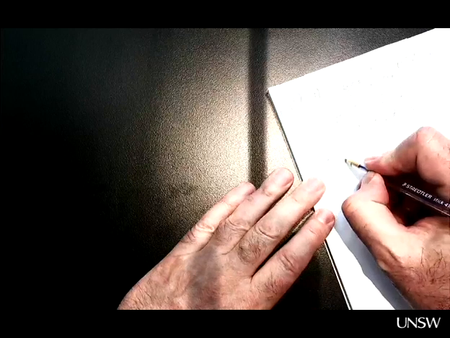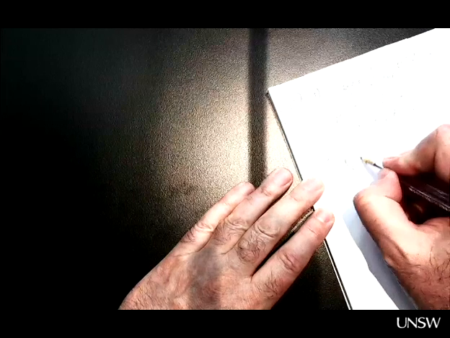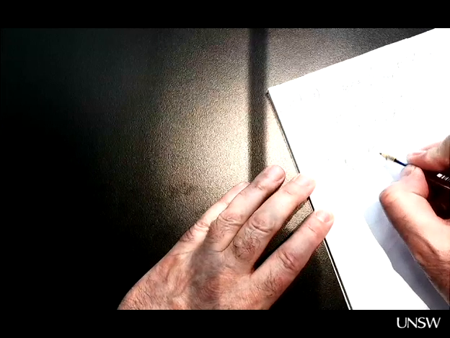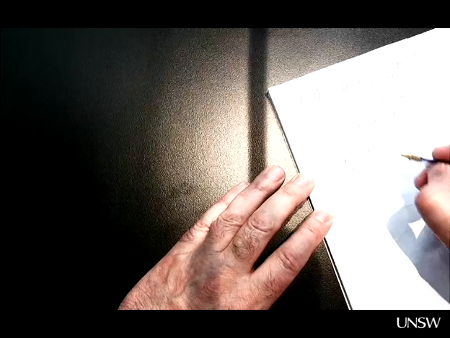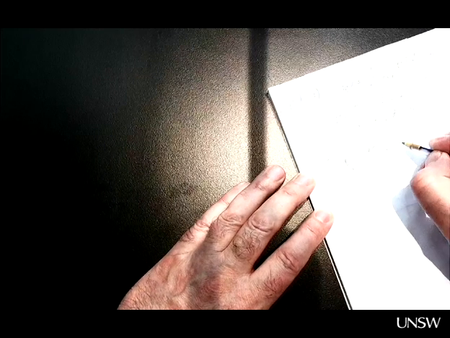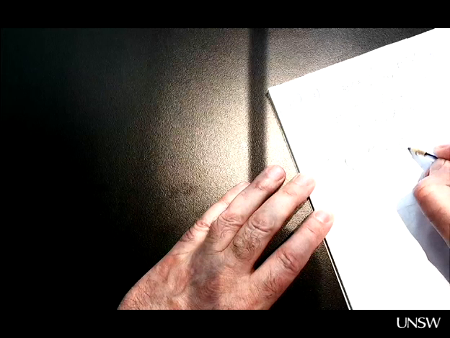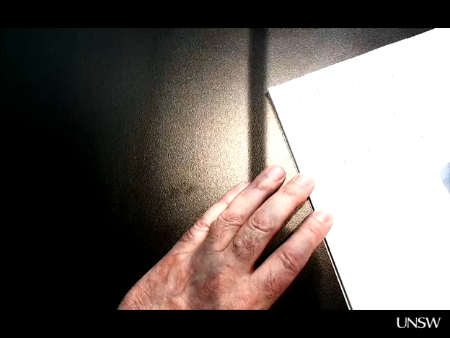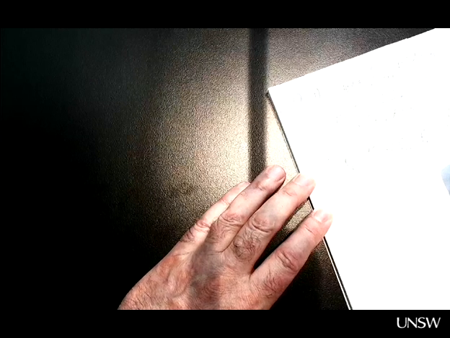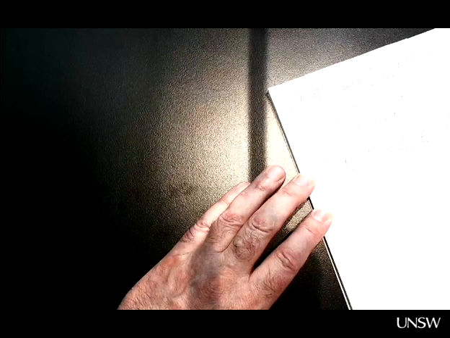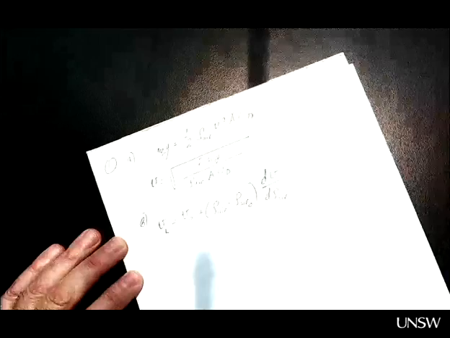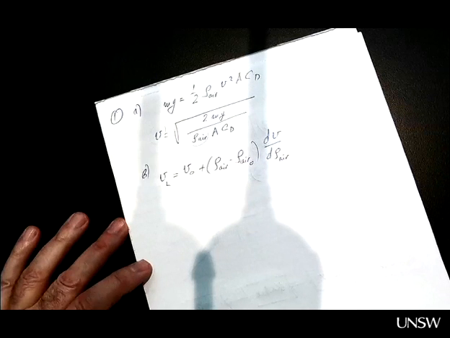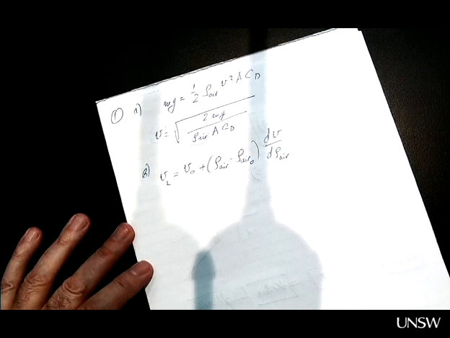So velocity, linearized if you want this subscript, will be equal to velocity at the operating point plus rho air minus rho air naught times dv by d rho air. Okay.